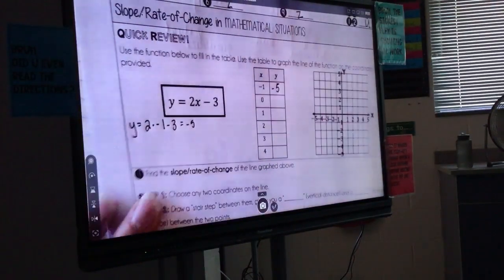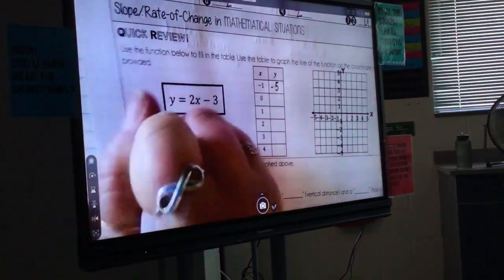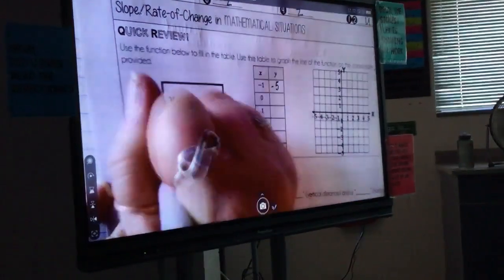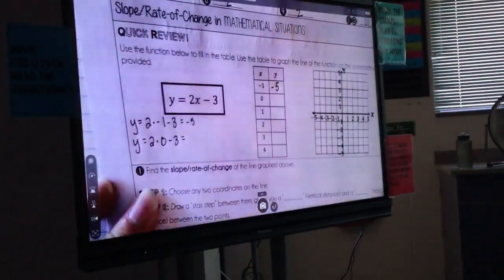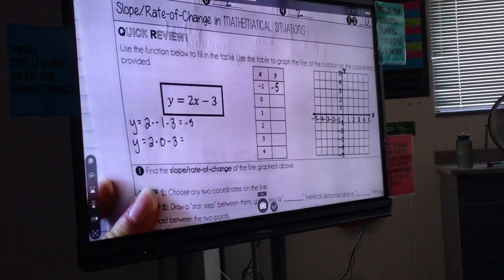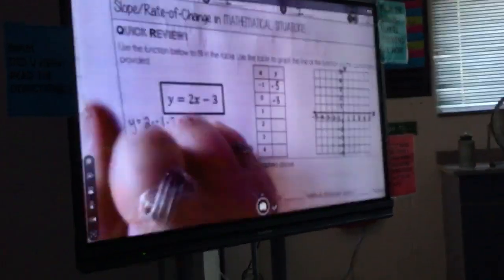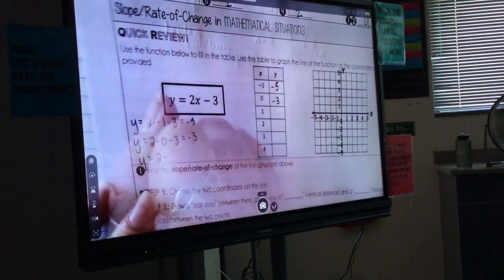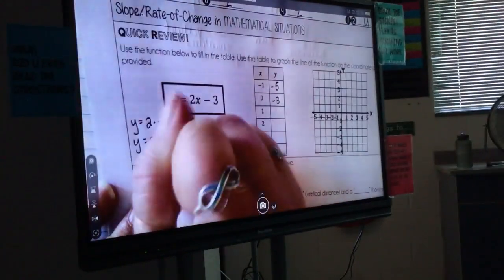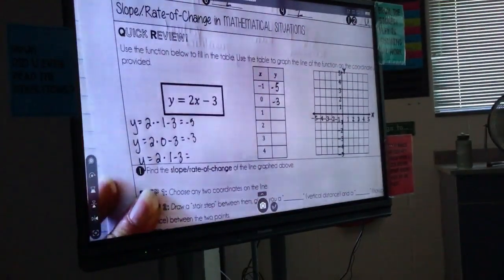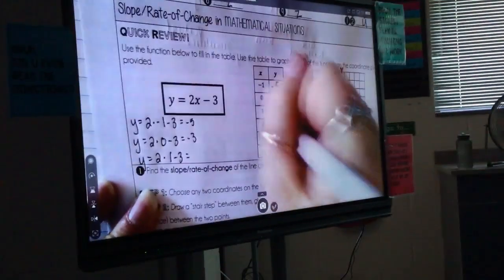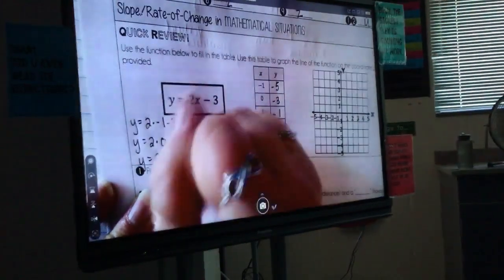All right, the next one. Y equals 2 times 0 minus 3. Jeffrey: -3. The next one. Y equals 2 times 1 minus 3. -1. Next one.